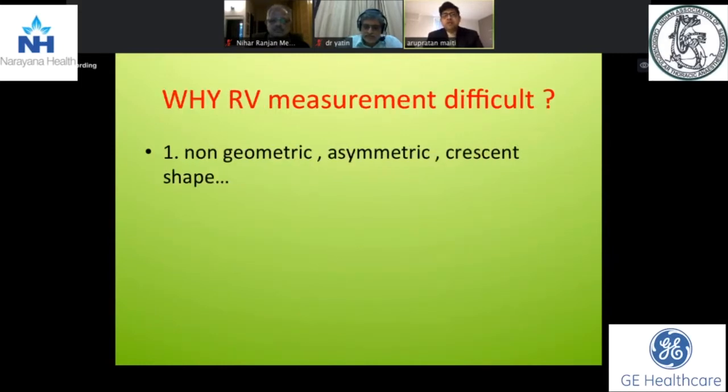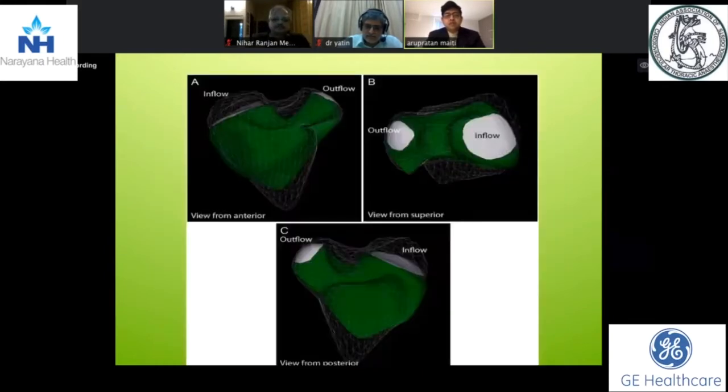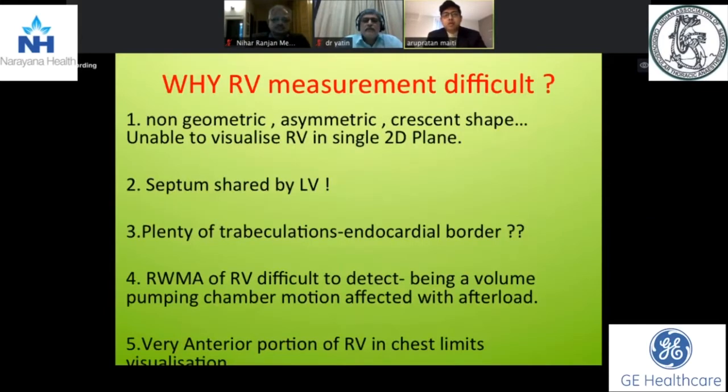But why is RV measurement difficult? Because of its non-geometric, asymmetric crescent shape. Compared to the LV, the RV structure is quite complex, and the inflow and outflow cannot be visualized in a single plane in 2D echo.